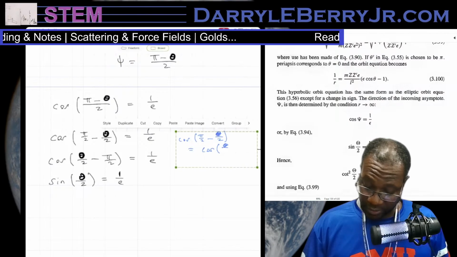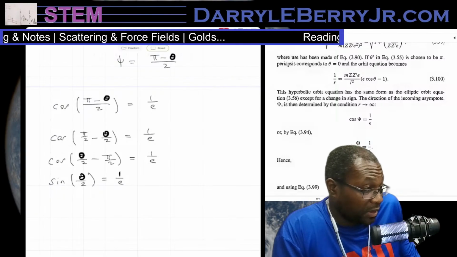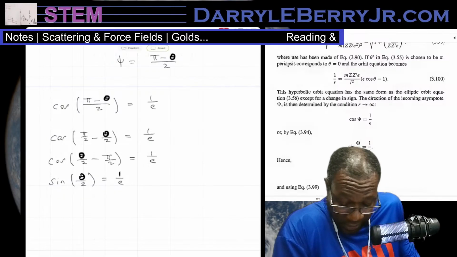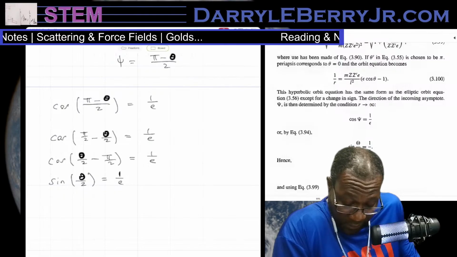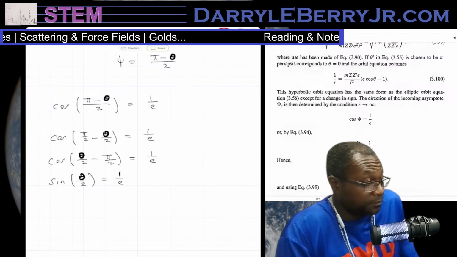They did it a different way in class, and I'm pretty sure this way is legal as well. They did basically negative sine and then distributed the negative, but I did a cosine and then shifted to sine. All right, I think we're good.